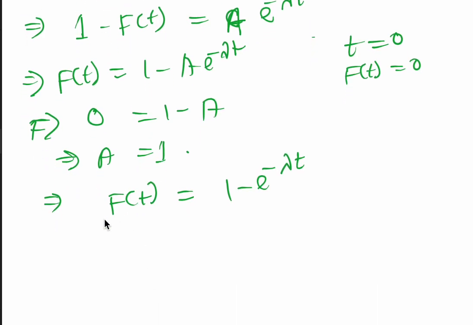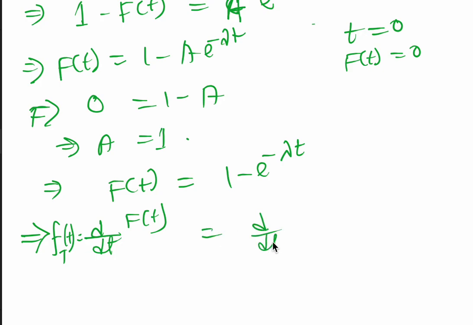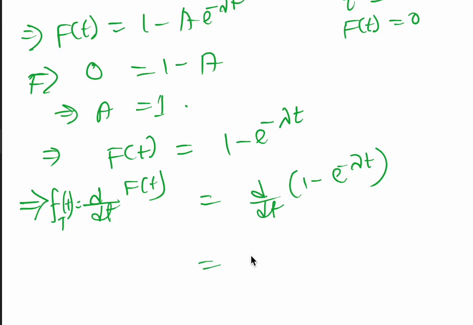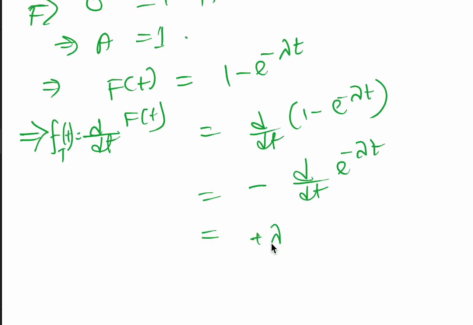So that's it. Then what will be the probability density function? d/dt of F(t) is actually f(t), so this is d/dt of 1 minus e to the power minus lambda t, so this is minus d/dt of e to the power minus lambda t, which is plus lambda e to the power minus lambda t.